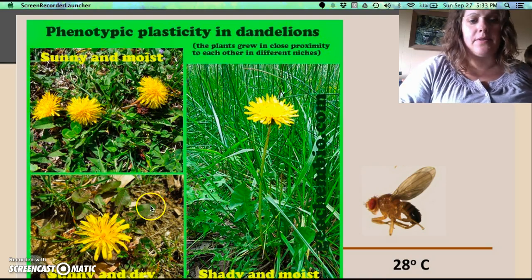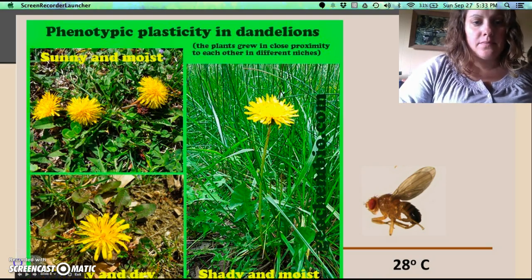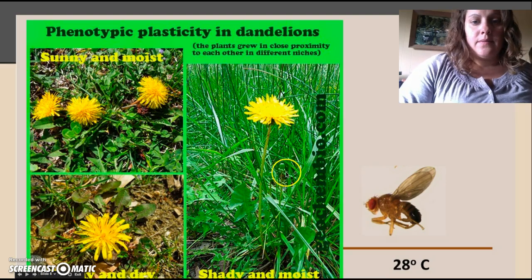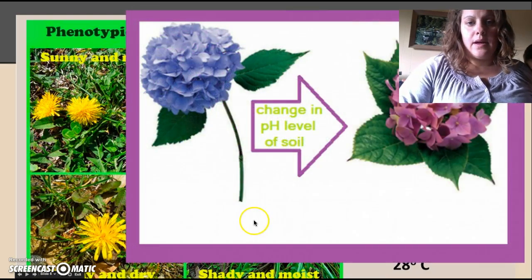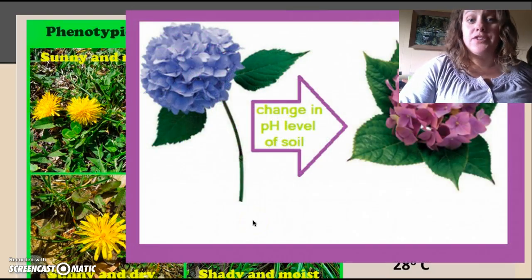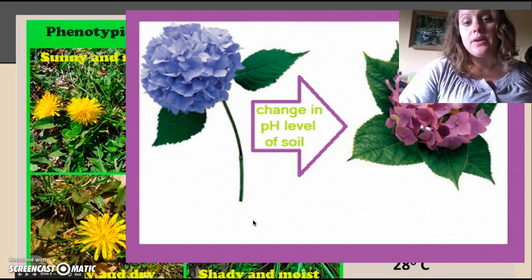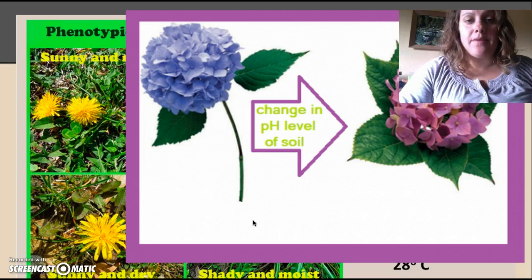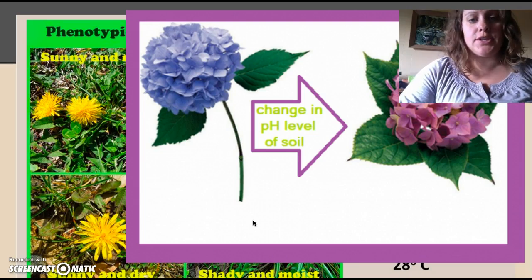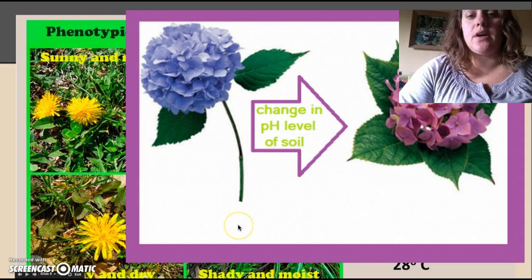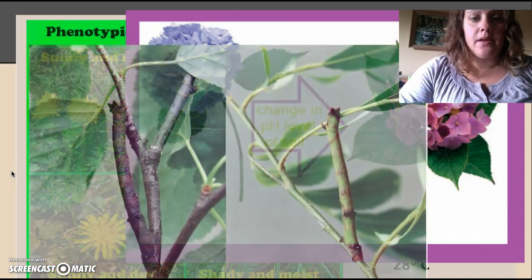And so you can see the different environment and how it grows. Some of you might know the example of hydrangeas, whose color changes based on the pH level of the soil. Unlike sunflowers, which have a different color based on their genes, hydrangeas' color changes in response to environment. So that would be another example of phenotypic plasticity.